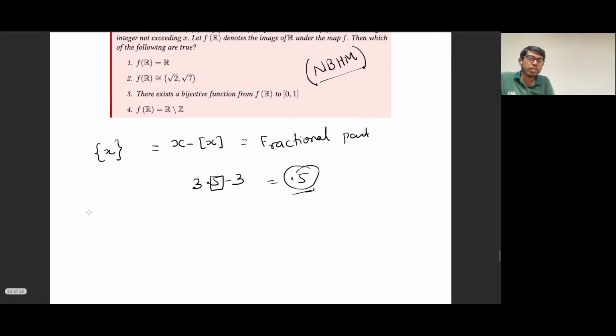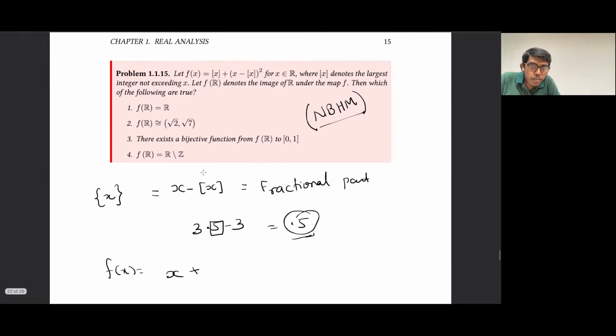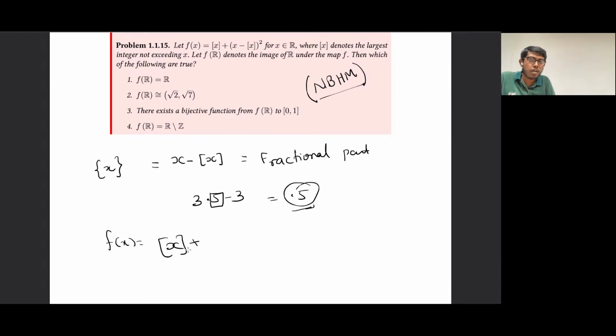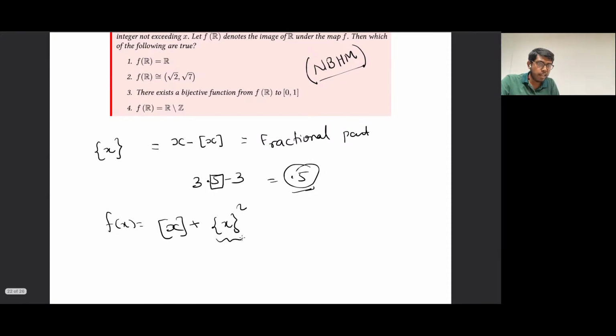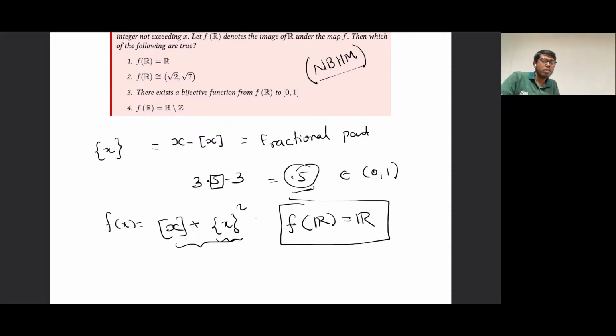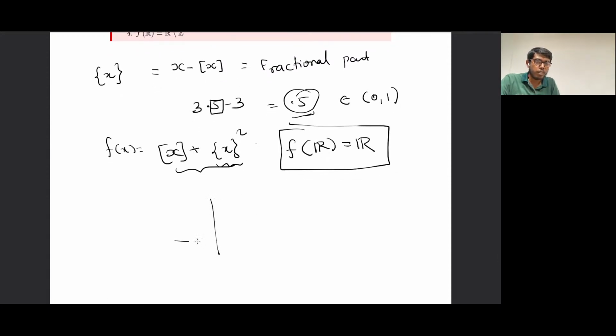So the function is x plus the fractional part of x plus the fractional part squared. Clearly, the fractional part lies between 0 and 1, and it will still cover all the values from 0 to 1, and therefore this image will be R. So what is the graph?